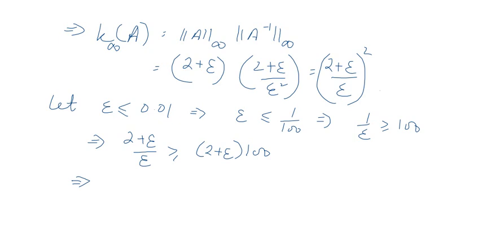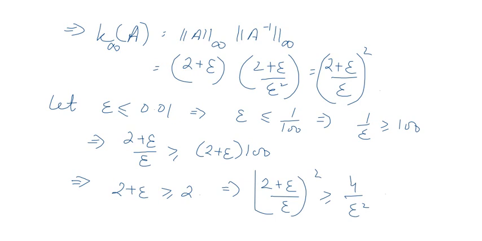Since epsilon is near about 0, 2 plus epsilon is certainly greater than or equal to 2. So 2 plus epsilon by epsilon, whole square, is greater than or equal to 4 by epsilon square, which is greater than or equal to 4 times 100 square, that is 4 times 10,000, which equals 40,000.